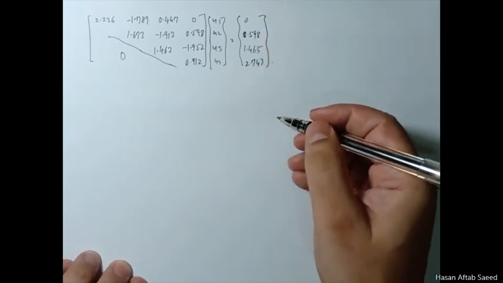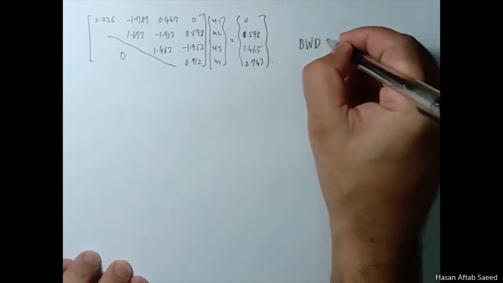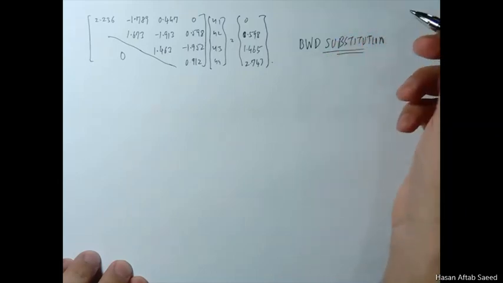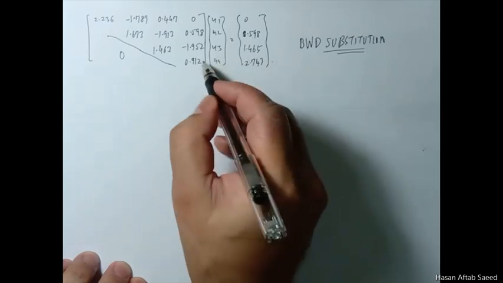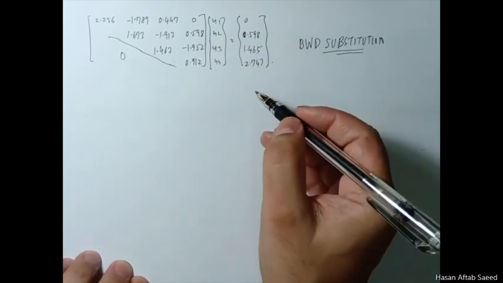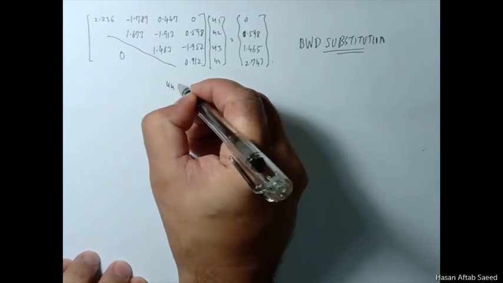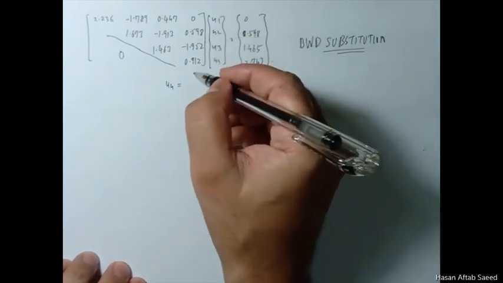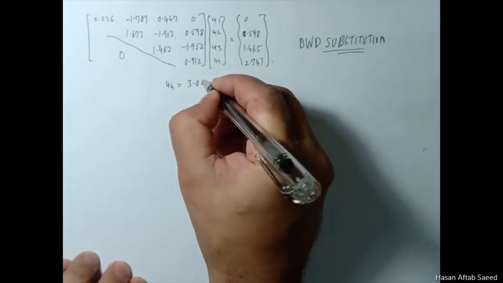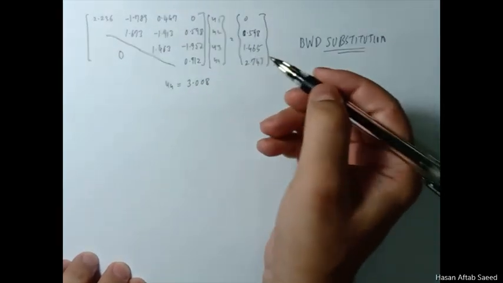This time we are going to employ the backward substitution, because now this is just one number, multiply by u4, you get this, and then you go up one step at a time, and you calculate in the reverse order. So please confirm these calculations. You get u4 is equal to 3.008.